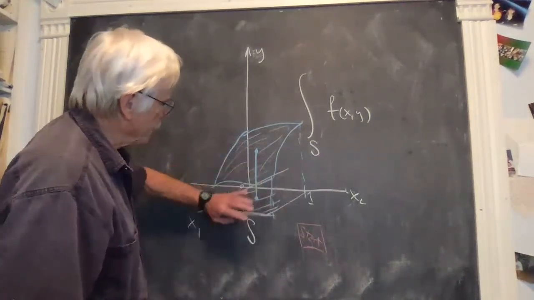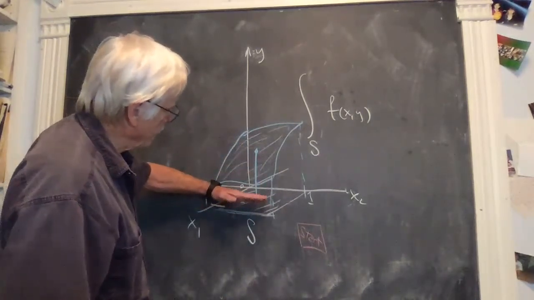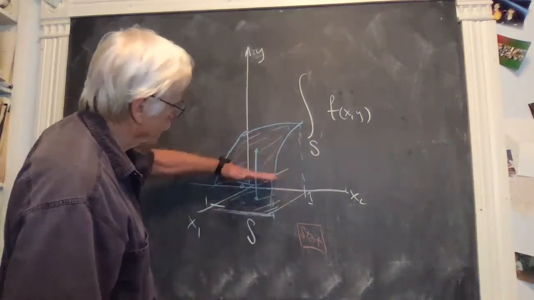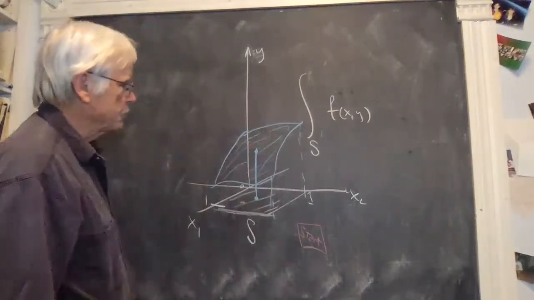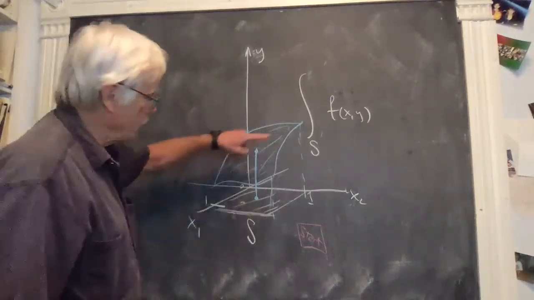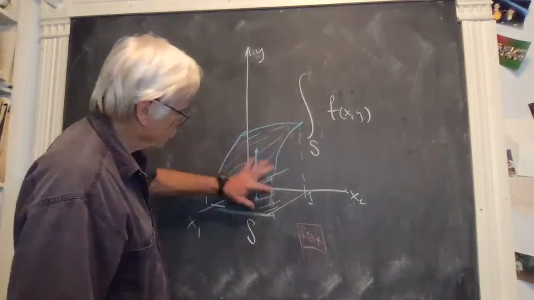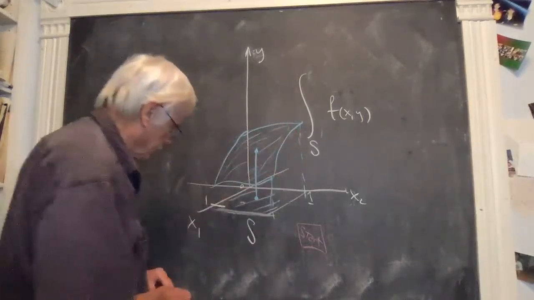And when it finishes, it will fill up the entire volume under the surface. And that's what this integral means. This integral means that you sum up these lengths over that entire square.